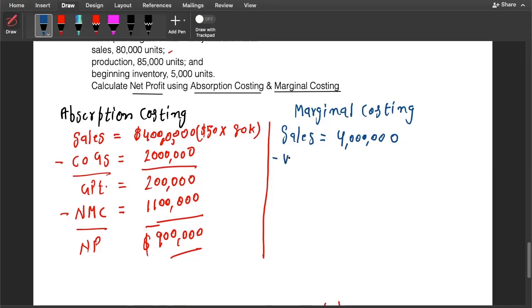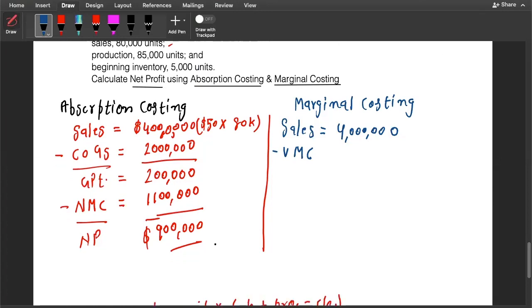Sales minus variable manufacturing cost. Let's have a look at the variable manufacturing cost.